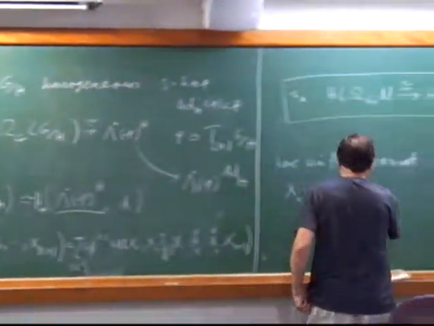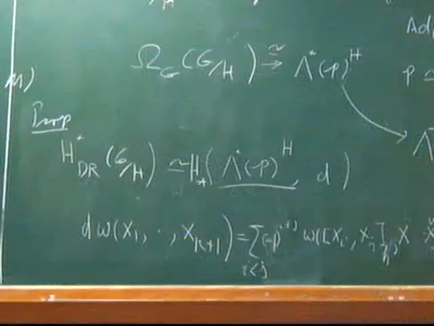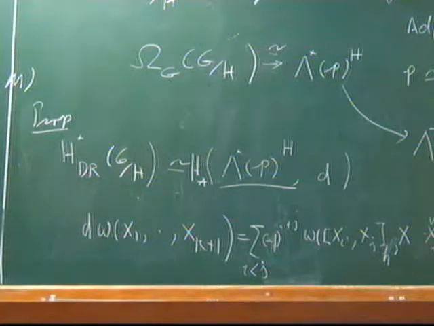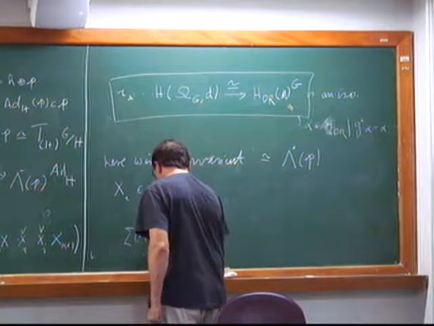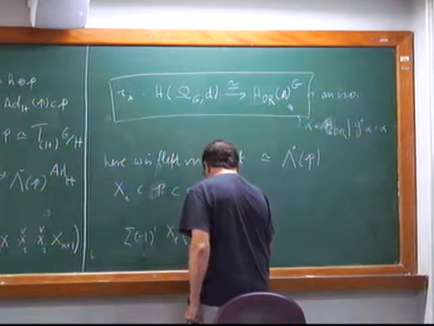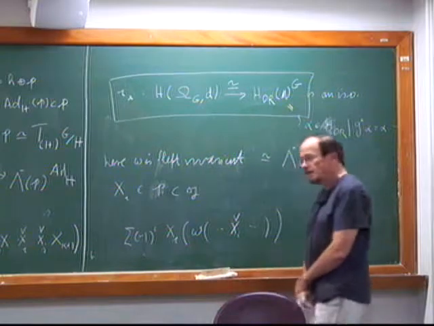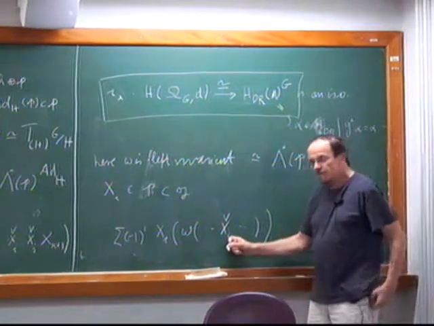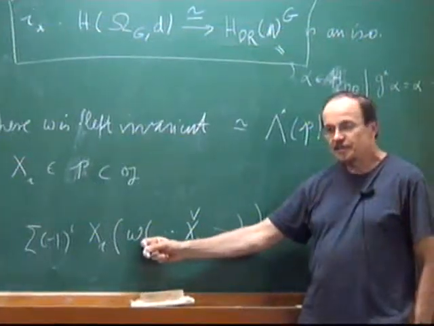How did you cancel the remaining terms? Pardon? How did you cancel the other terms? So the other term, what does it look like? It looks like minus 1 to the i, xi applied to omega, with the xi deleted. Right, that's the extra term. Well, the x's are left invariant. The form is left invariant. This function is constant.